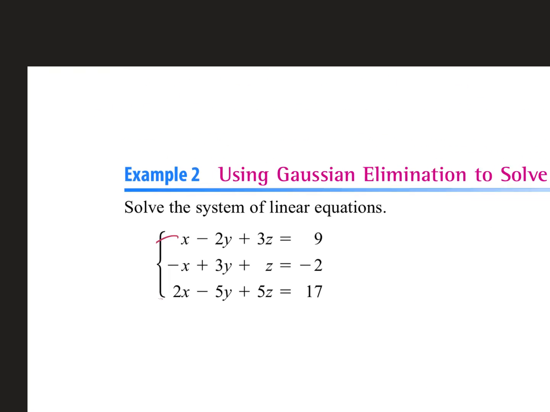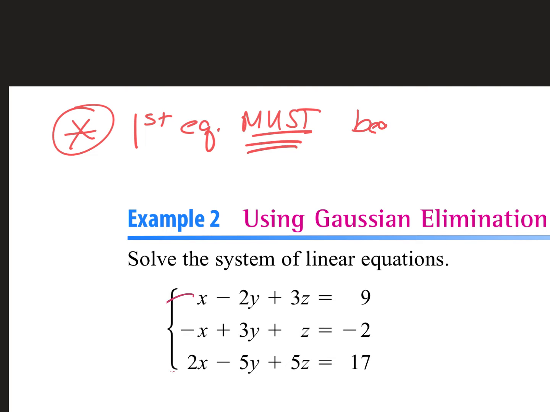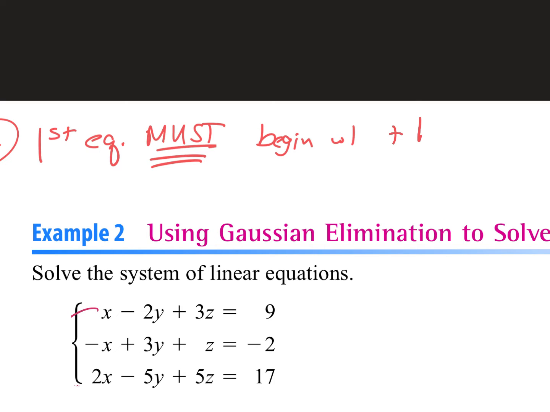There's some rules, though. Let's write down some things that are very important. Your first equation must begin with a positive 1 coefficient of x. If it doesn't, you need to do something to get it to be positive 1.